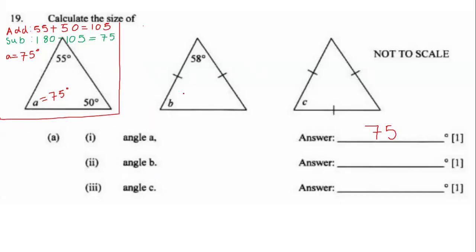Subtract 180 from 158. Then afterwards, divide. 122 divided by 2 equals 61. Very good. That's your answer. Very good. Who did that? Carly. Excellent.